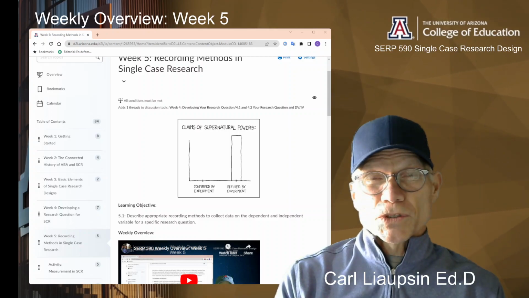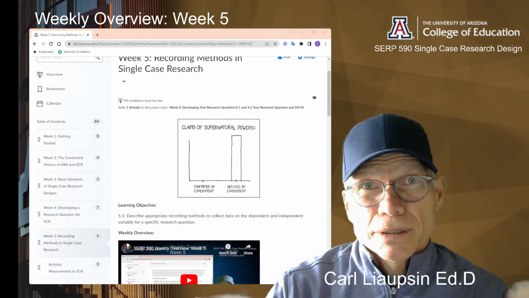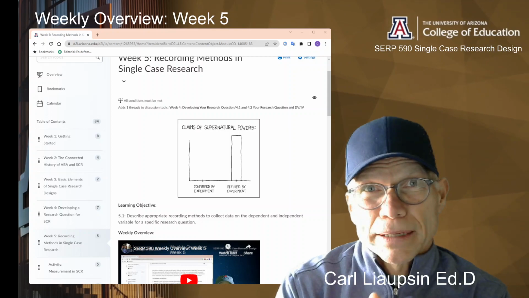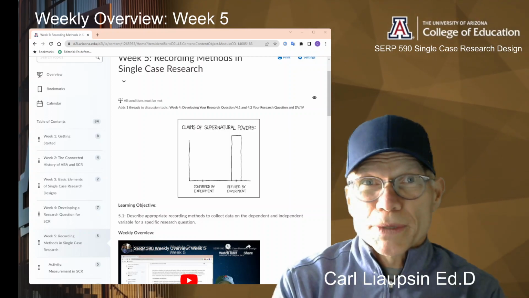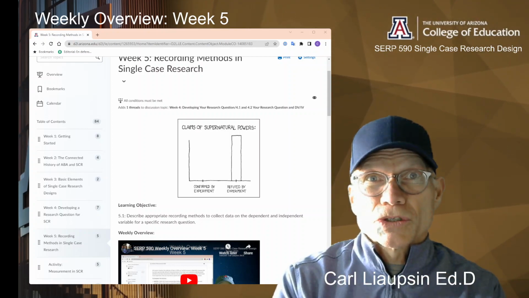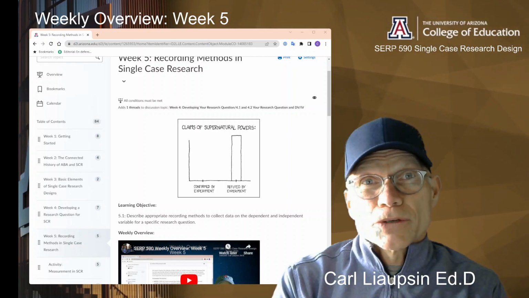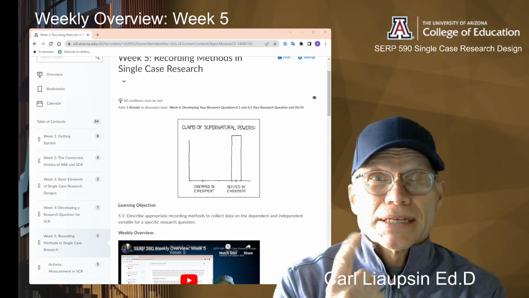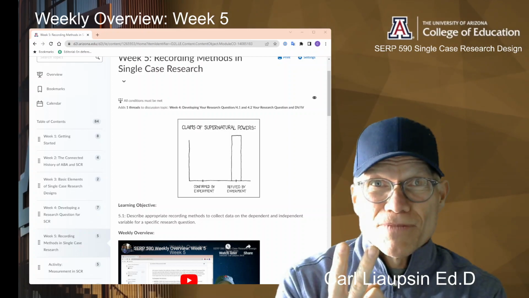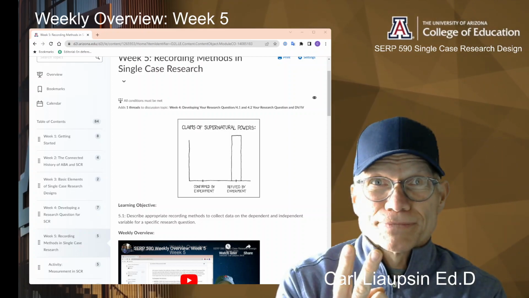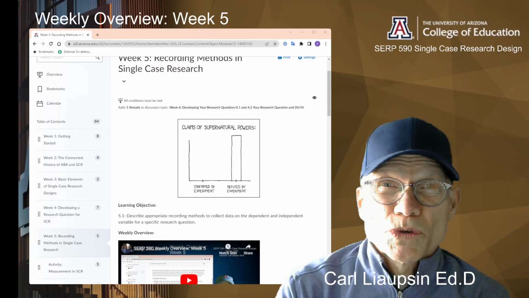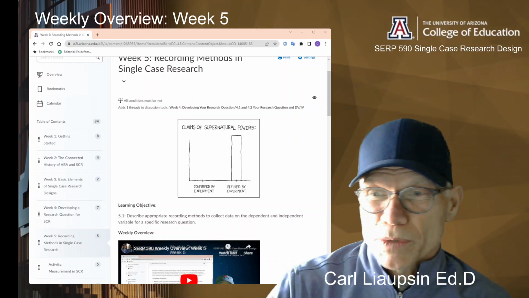This is also the first week where your research question comes into play, because the post will be about your research question. You're going to be telling me how you would collect data on the dependent variable and independent variable in your research question. So let me show you through what we're supposed to accomplish this week.